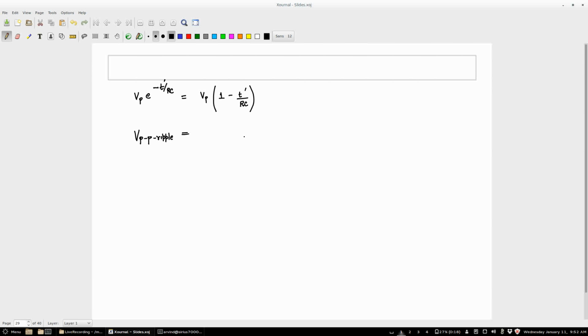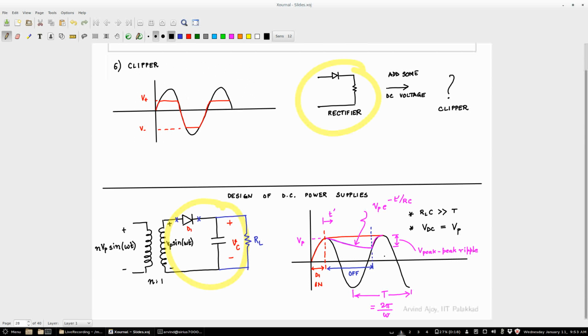So what do you think your V peak to peak ripple is going to be? It is roughly Vp T prime by RC.